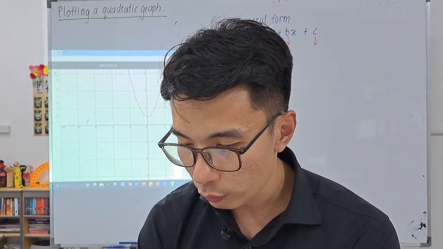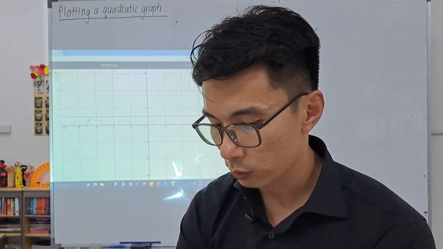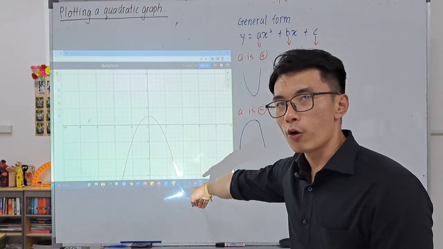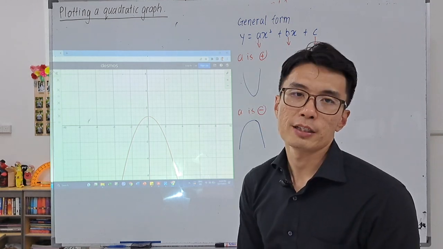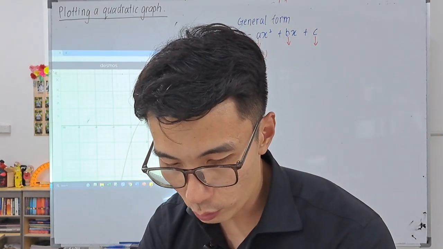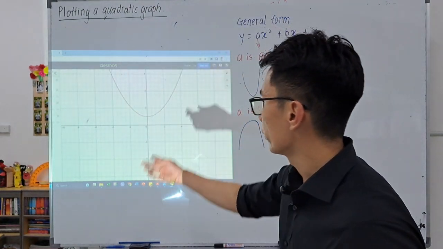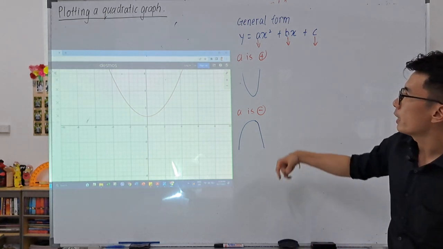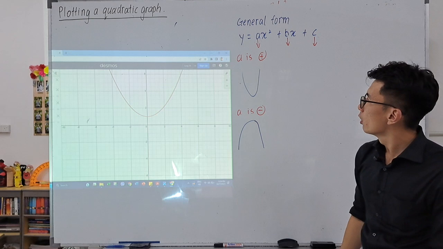You can see the graph opens downward. When you see this form, we know that the value of a is negative. If you bring it to positive, you will see it has a smiling face. So basically, that is what the value of a does to the quadratic graph.